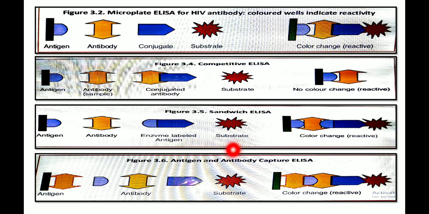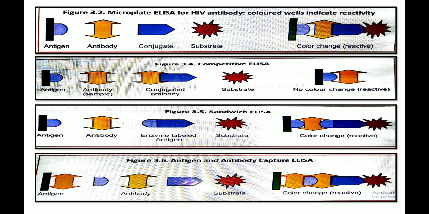Then you have the antigen and antibody capture ELISA. Here we have specific monoclonal antibodies directed against HIV antigen, which are bound on a solid phase. In the next step, you add the HIV antigen, which is supplied as a reagent.